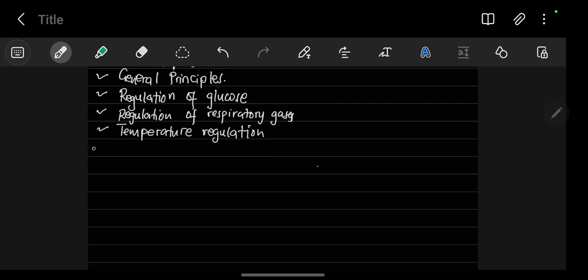Then the fifth is excretion. And lastly, osmoregulation.